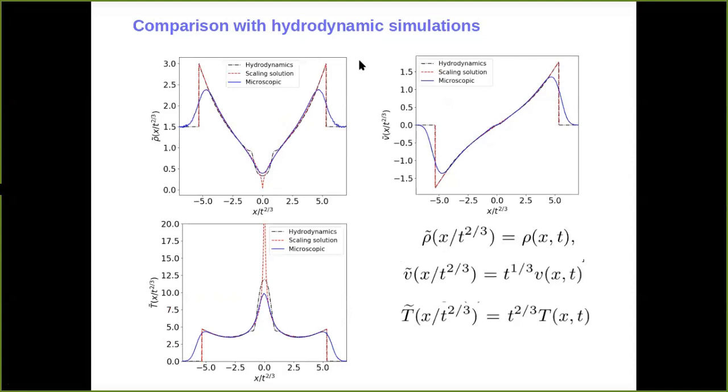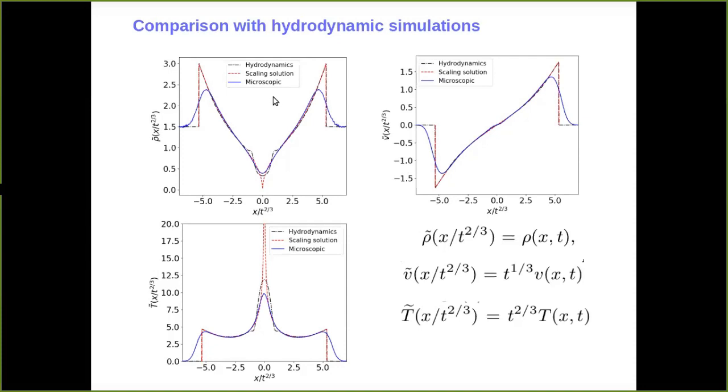Now we compare all three results. The first one is the hydrodynamic result, which is done by solving the partial differential equation, as discussed initially by Santhosh. This scaling solution is the exact result by the TVNS solution, that is solving the ODE, and this line is the microscopic result.